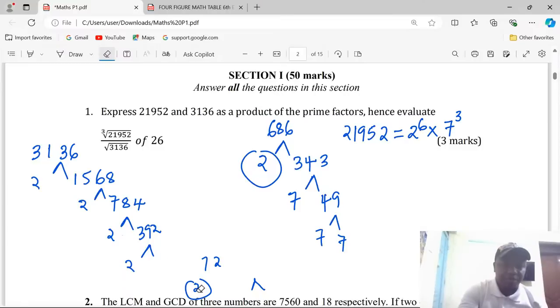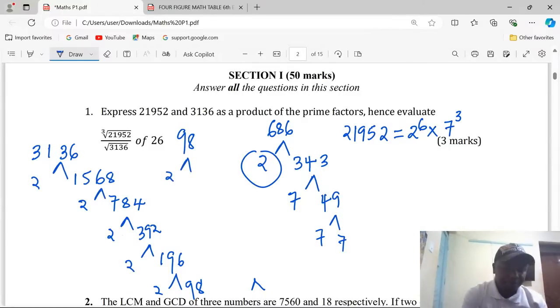When you divide by 2, this gives me 196. We divide again by 2. This gives us 98. We continue dividing 98 by 2. This gives me 49. Then by 7, we get 7.